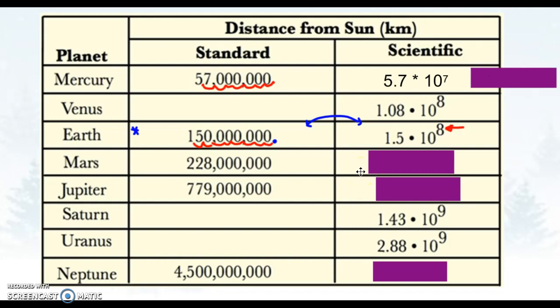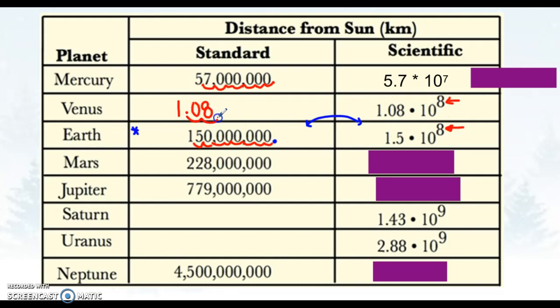You also are going to be asked to go from scientific to standard. So I moved the decimal point to the left to get from standard to scientific. So I'm going to undo that. I'm going to move the decimal point to the right to get from scientific to standard. So we have to move it this number of times, 8 number of times.